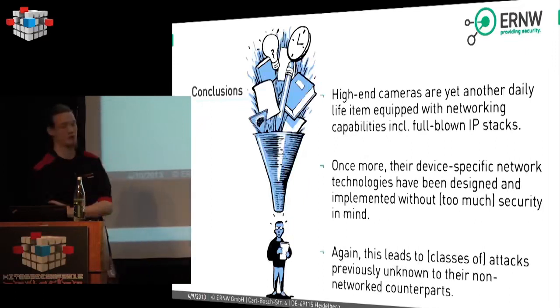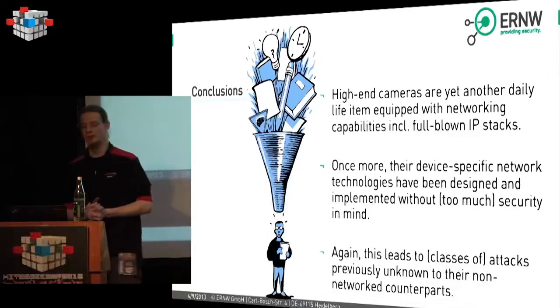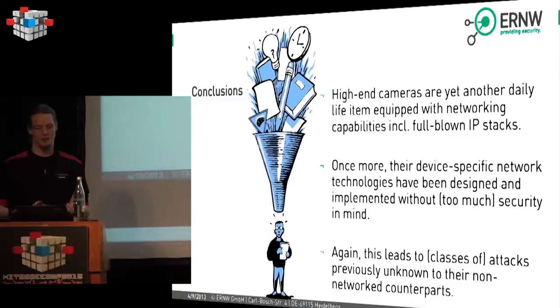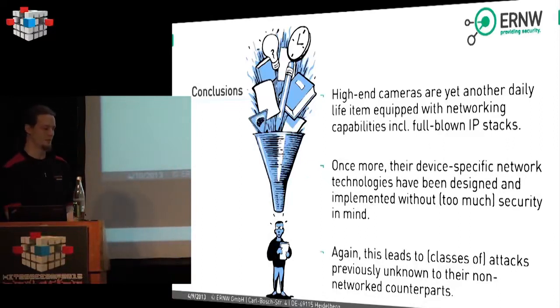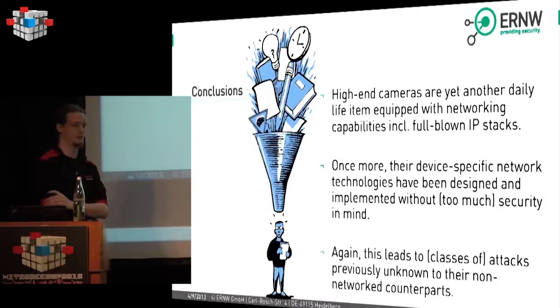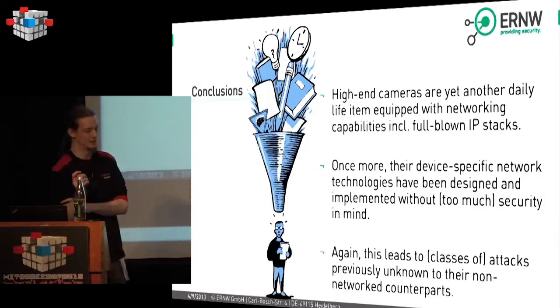Okay, the conclusions. As those cameras get bigger and bigger and more expensive, they also get more and more networking capabilities, including some full-blown IP stacks. Hopefully we will see an IPv6 stack in the future as well.